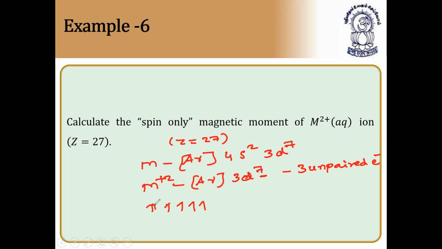Then the sixth one will start pairing up, and the seventh also will pair up. So it has how many unpaired? Now it has only 3 unpaired.